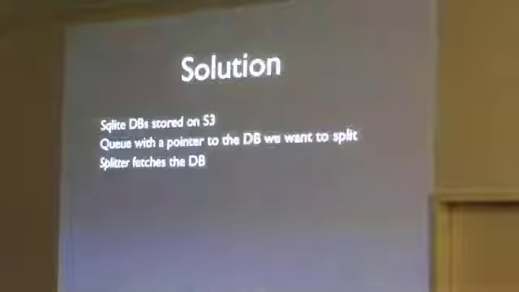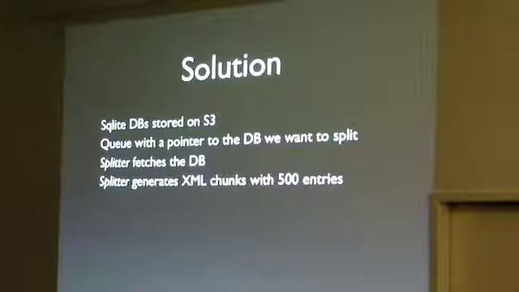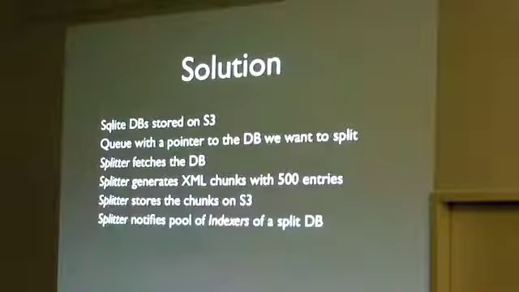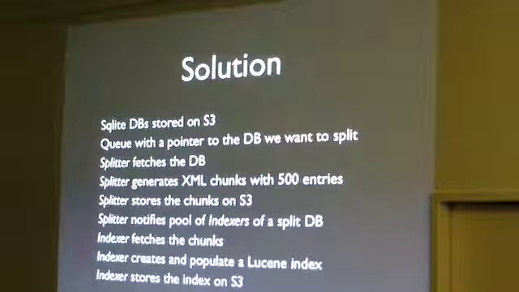I have a splitter process, or a pool of splitters, and in that pool one splitter receives the message, fetches the DB, generates XML chunks with 500 entries each, stores them on S3, then sends a message to another queue where there's a pool of indexers reading. An indexer fetches the chunks, creates and populates a Lucene index, and stores the index on S3.